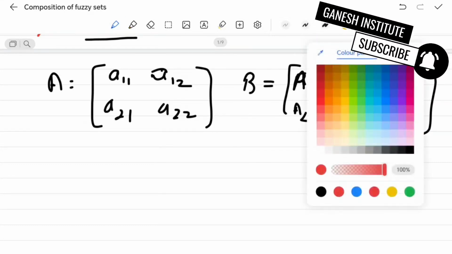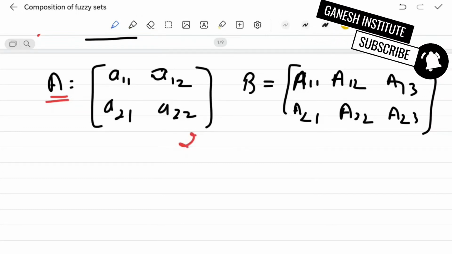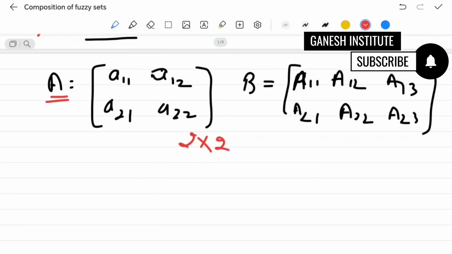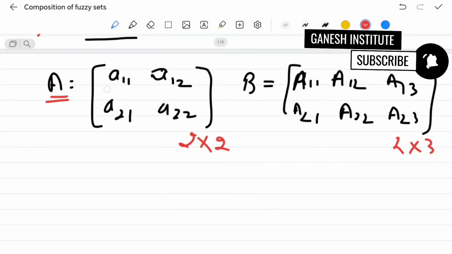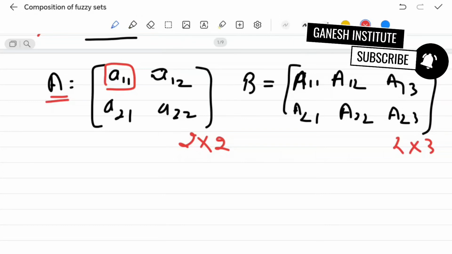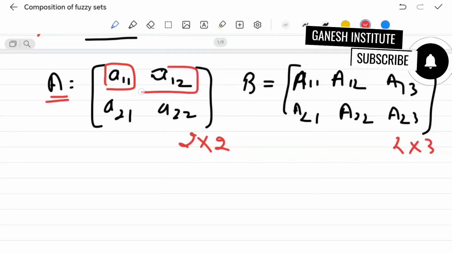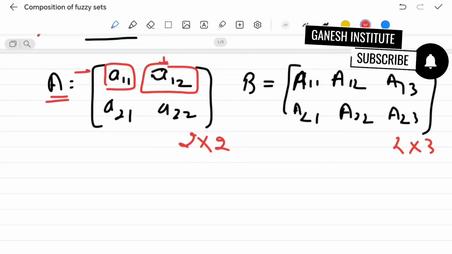Can you see that this matrix A is of order 2 rows, 2 columns and the B matrix is of order 2 rows, 3 columns, right? This element is the first row, first column, A11. This element is in the first row, second column, and it goes like this, okay?